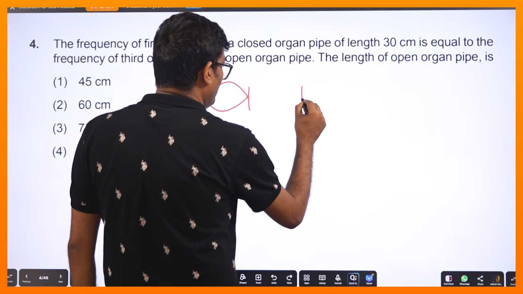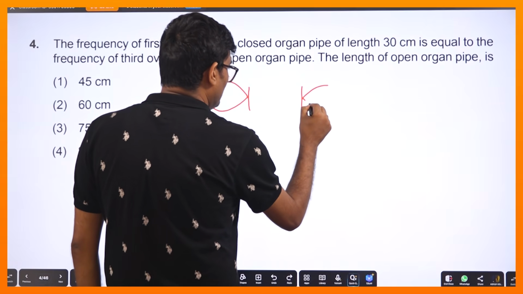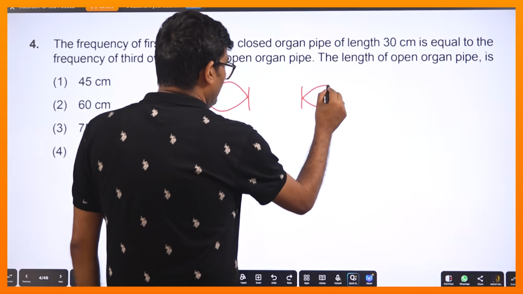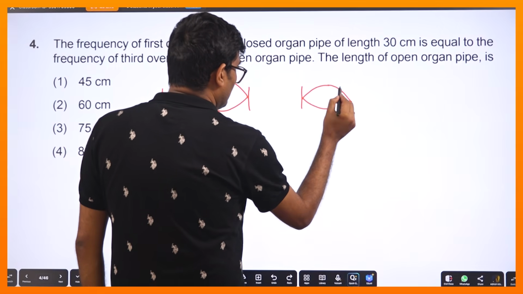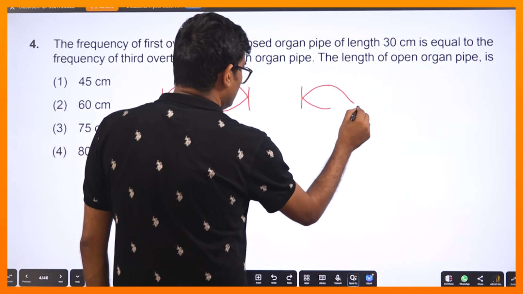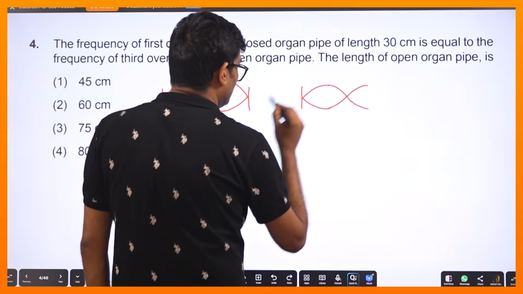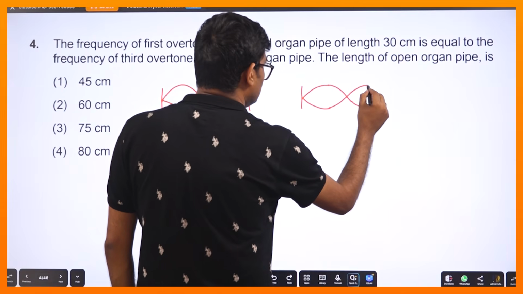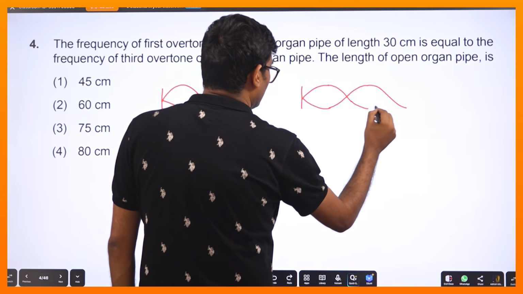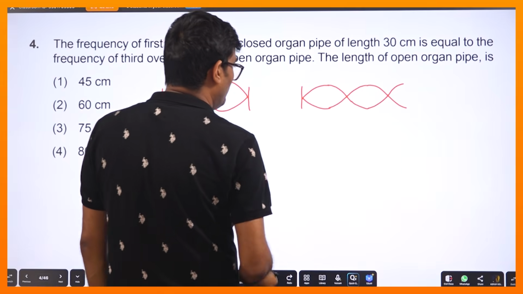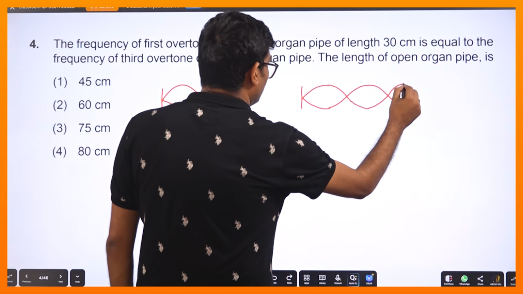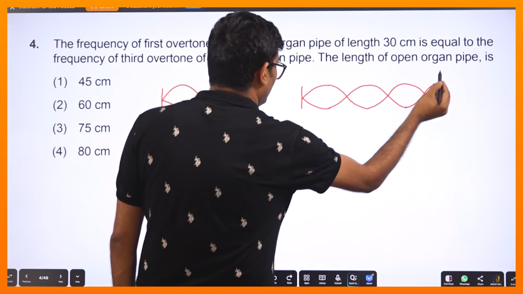If you remember the open organ pipe, this is the fundamental frequency, this is the first overtone frequency, then this is the second overtone frequency, and this is the third overtone frequency.